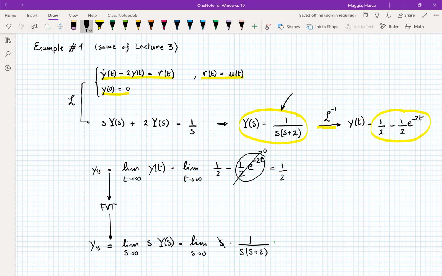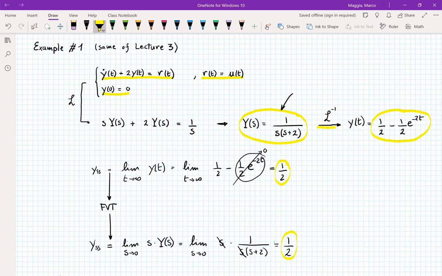We see that s cancels out, so we're left with 1 over s plus 2. If s goes to 0, we're left with 1/2. So you see here that we're getting the same value. And in this case, the final value theorem actually gives us the right answer.